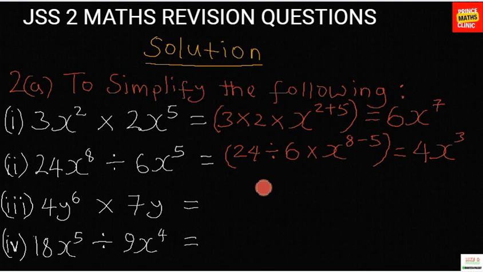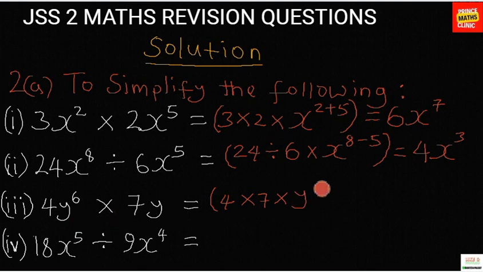You can actually write it like this. You write 24 up, then 6 under, so that you can say 6 in 24 is 4, right? You can do it that way as well. Then let's look at this third one. Multiply out the numbers as usual. 4 times 7. Good. Then times, you pick the alphabet y.